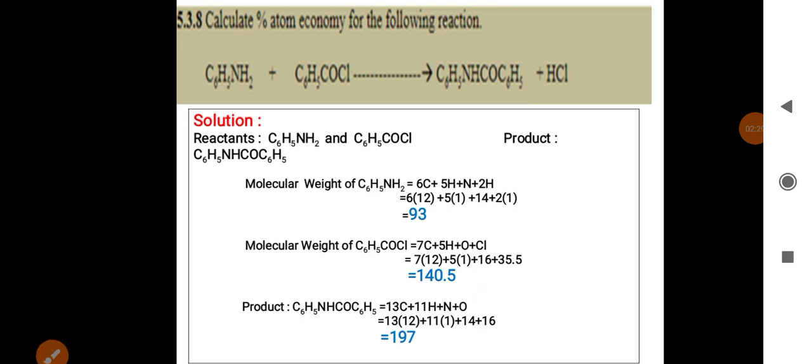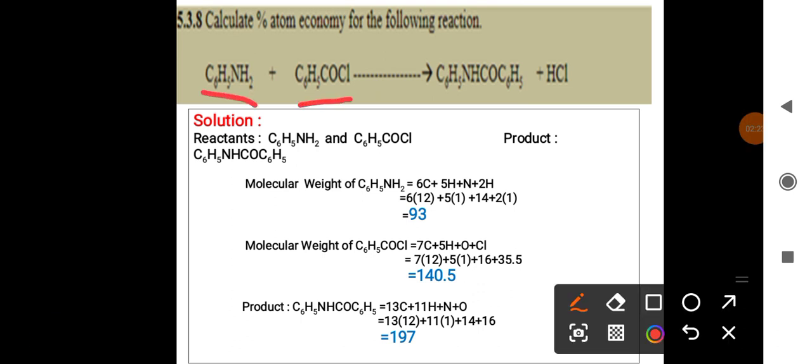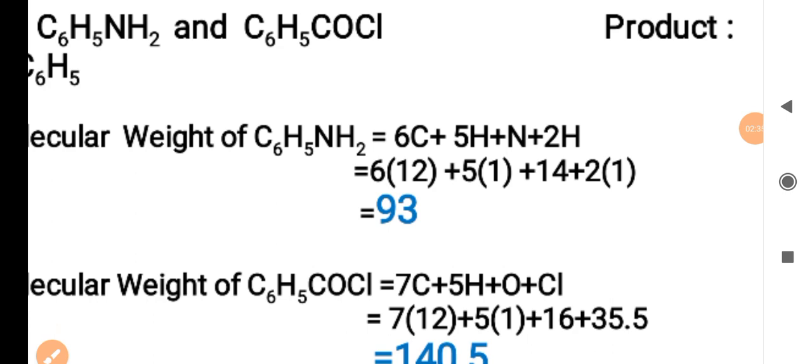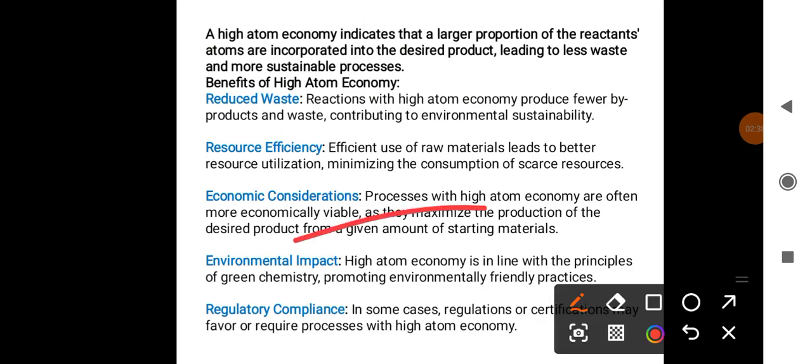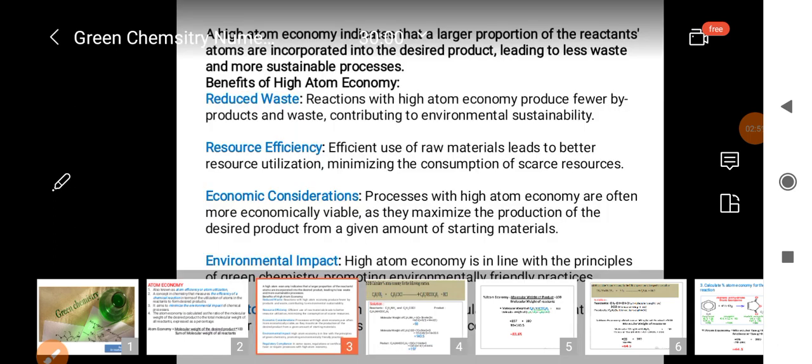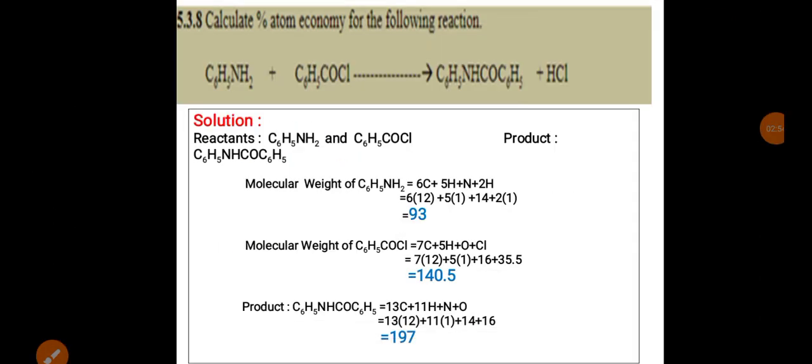So in this kind of numerical, you just identify the main reactants and you identify the product. After that, you calculate the molecular weight of both the reactants given here. So how to calculate? Suppose the reactant is C6H5NH2.